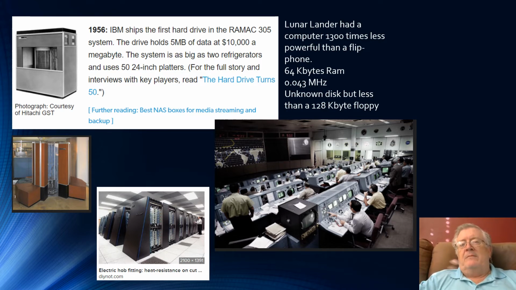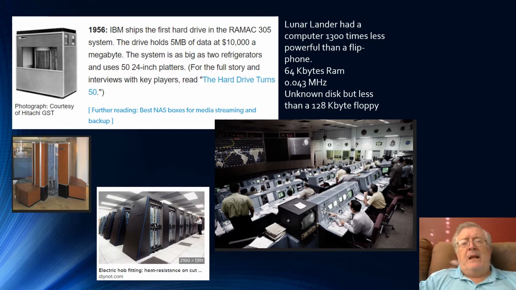That's not gigabytes or megabytes, that's kilobytes. The clock speed was 0.043 megahertz. So if you look at like when you go to buy a laptop, they'll tell you it's 2 gigahertz or 3 gigahertz. That's huge compared to megahertz.